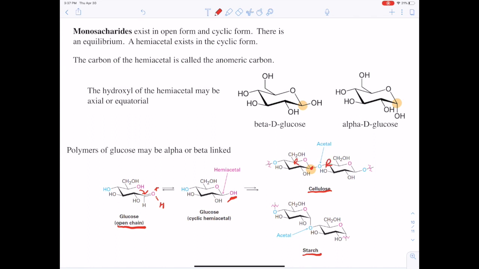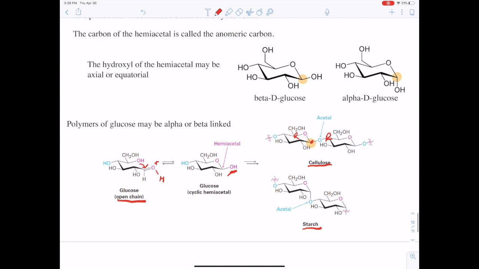There's no OH. There's two alkoxy groups. So that is now an acetal linkage. And that linkage can occur when the glucose is in an alpha position at the anomeric carbon or a beta position. And that makes two different polysaccharides, cellulose and starch. They're both polysaccharides, glucose in long chains. The only difference is alpha or beta connectivity at the anomeric carbon.